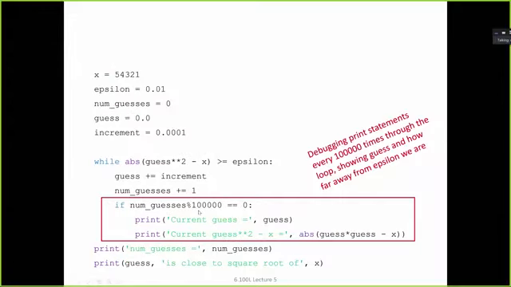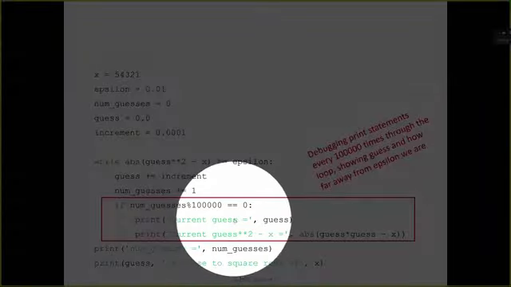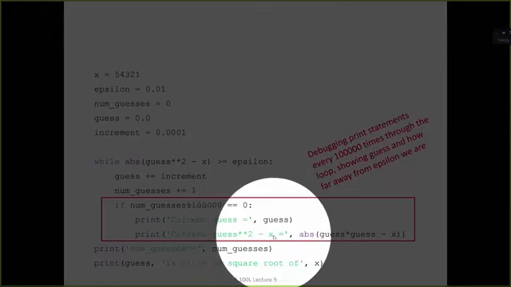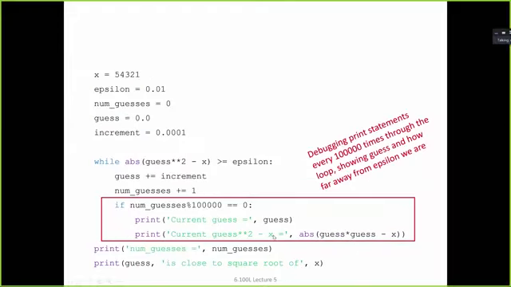So every 100,000 guesses, every time I've gone through this loop 100,000 times, I'm going to print what the current guess is and what the guess squared minus x is, so how far away I am from x.